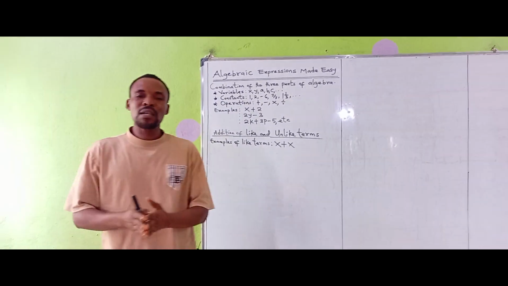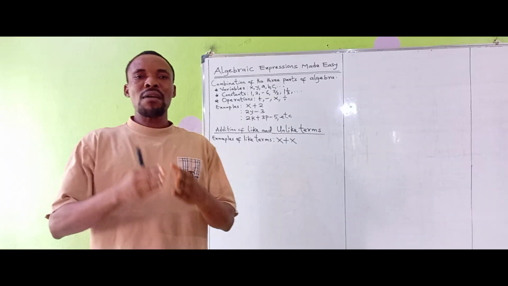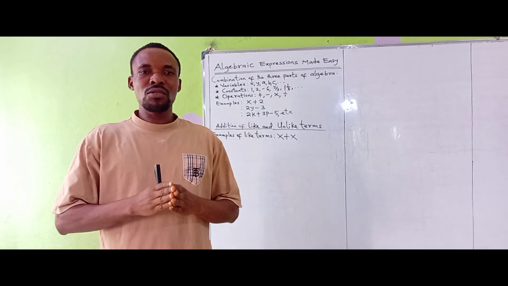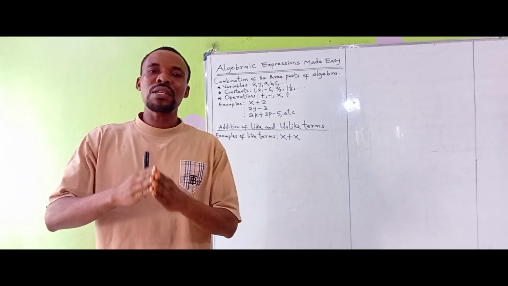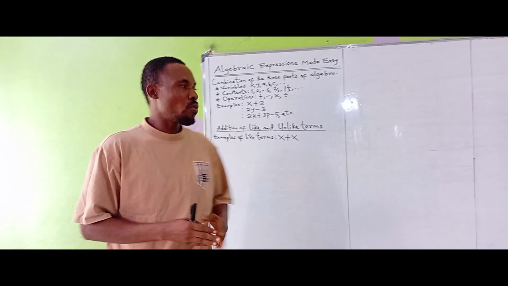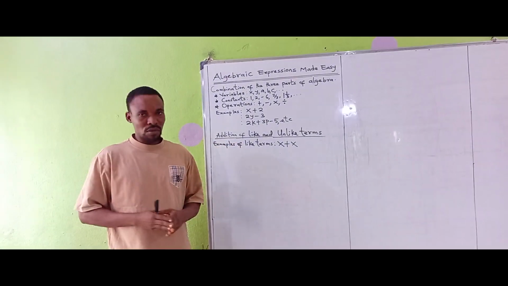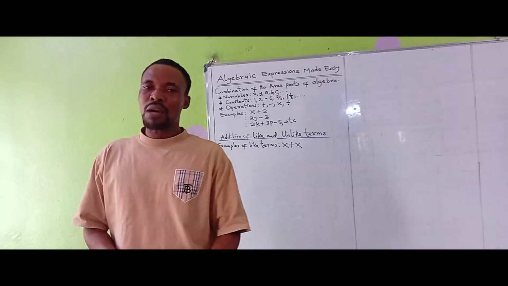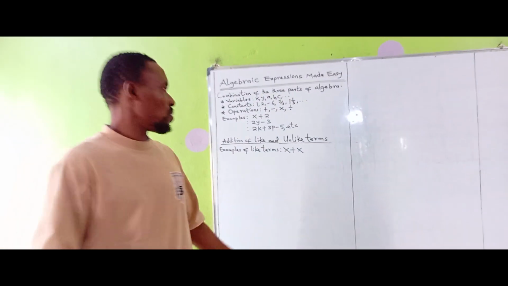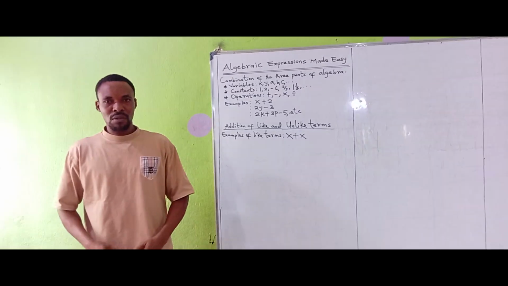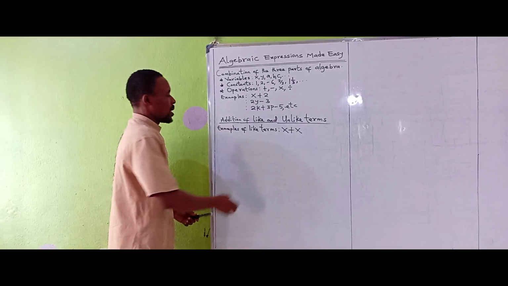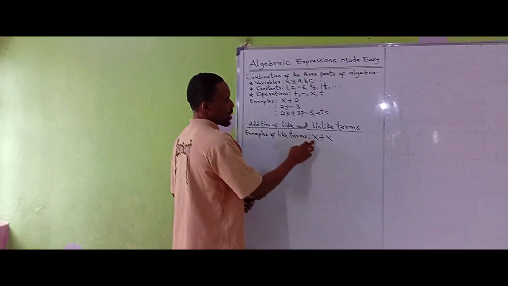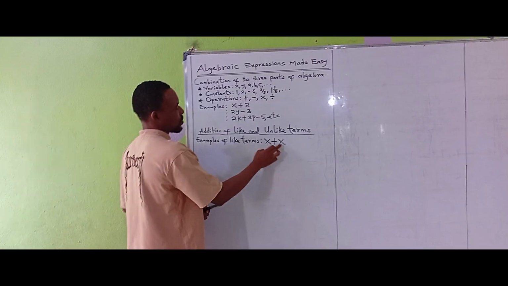In simplifying algebraic expressions, there are four key main operations. We have the addition operation, the subtraction operation, the multiplication operation, and the division operation. So let's start with the addition operation. We have x plus x.